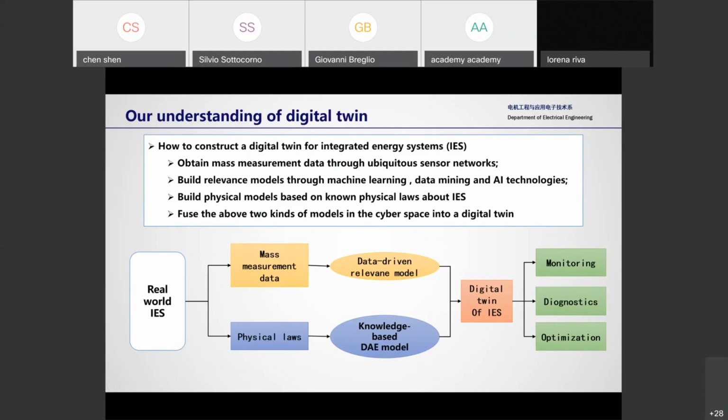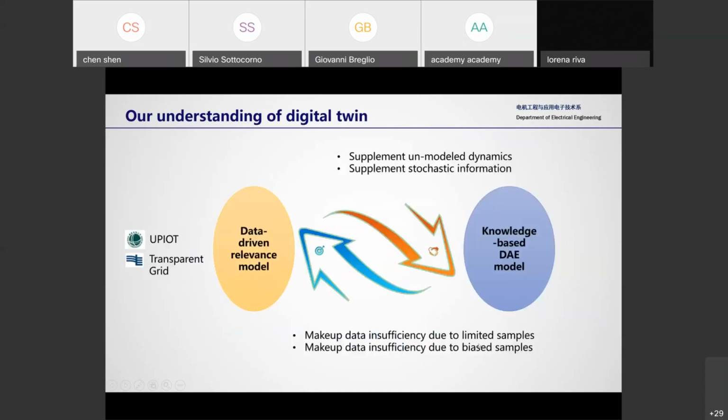Those two kinds of models are fused in cyberspace to construct the digital twin of IES. Then with the digital twin of IES, we can monitor, diagnose, and optimize the operation of IES.